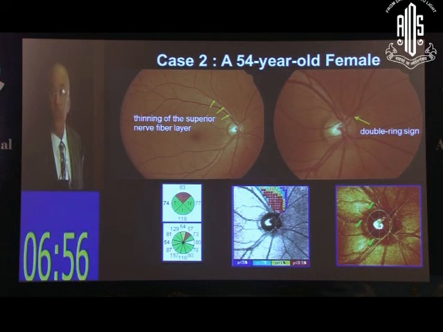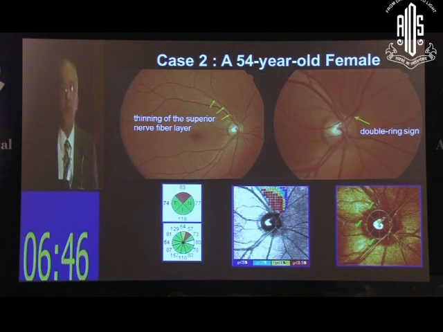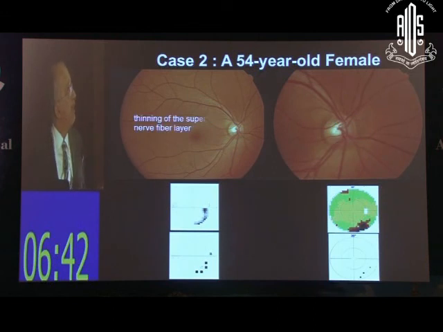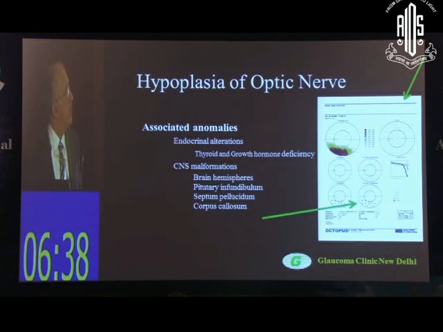The question is, should we treat this patient or not? Pressure is not important because currently they say don't diagnose your glaucoma based on pressures alone. You have reproducible structural and functional changes. So this was a patient who actually had what we'll call hypoplasia of the optic nerve. Typically it happens in the superior quadrant, can happen inferiorly also.